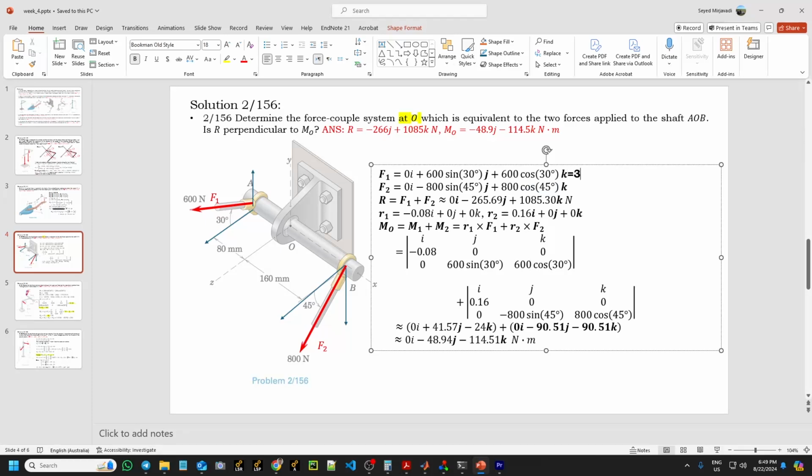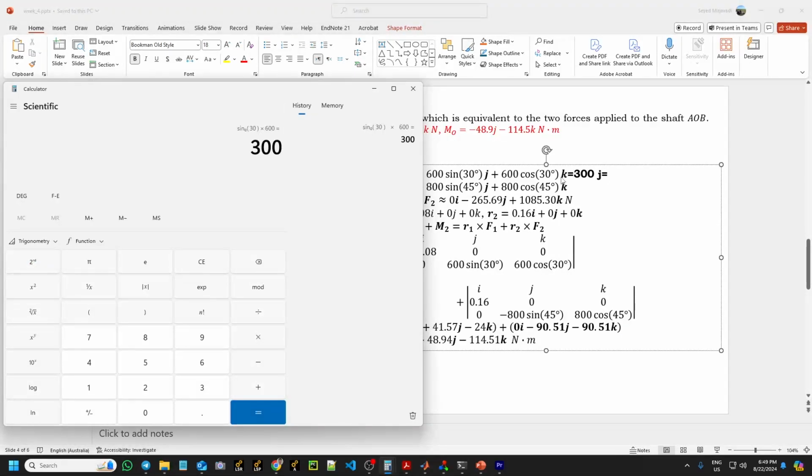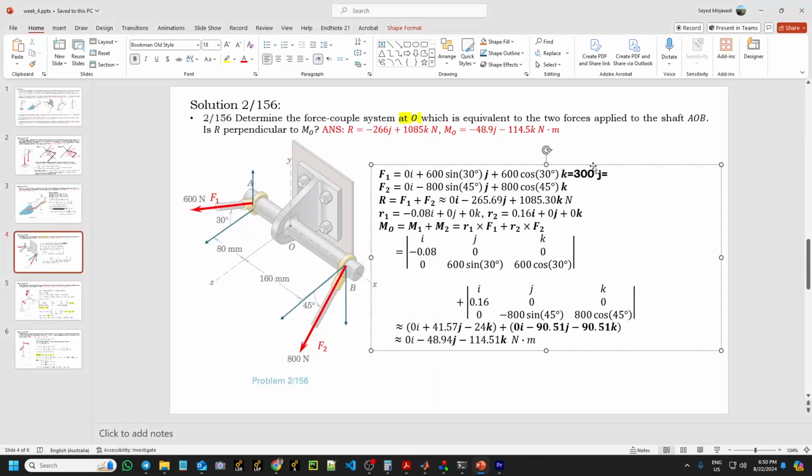You can write it 300 j plus, so cosine 30 times 600, it will be 500. I should put plus here.